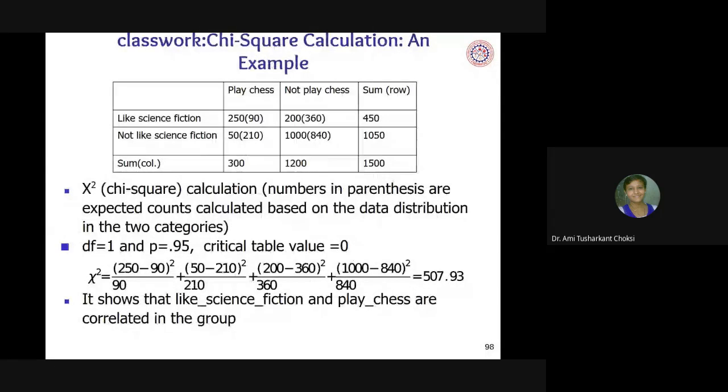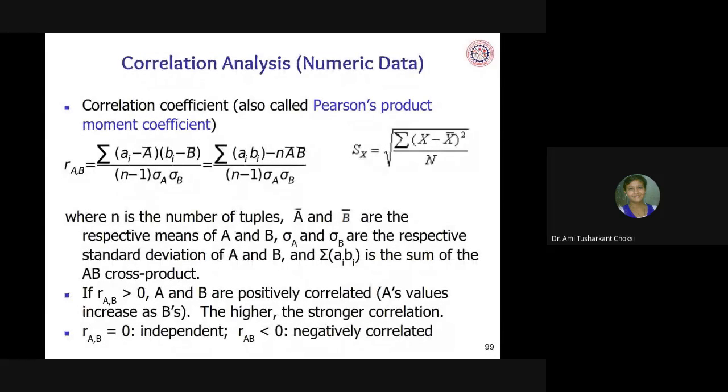The same thing we can find from the correlation analysis. One is the chi square test and the second one is the correlation analysis, and for that we need to have the correlation coefficient. Fine. Here typically we are using Pearson's coefficient. So what is that?